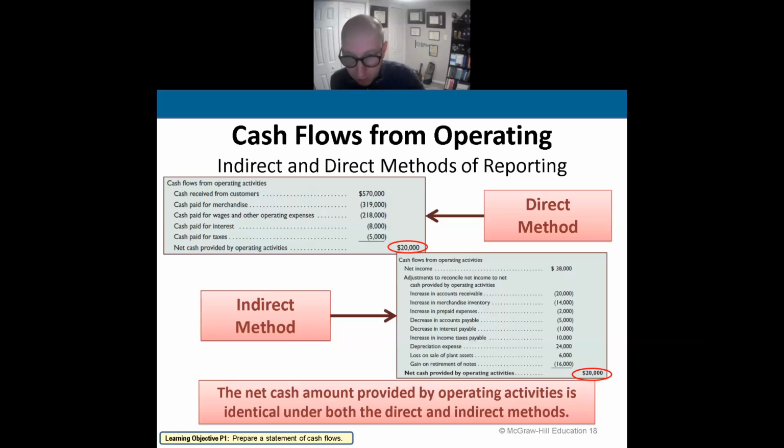They're all current, they're all operating activities. Remember, operating activities are the day-to-day operations of the business. But you'll notice that with either the direct method or the indirect method, you should derive the same amount of net cash provided.